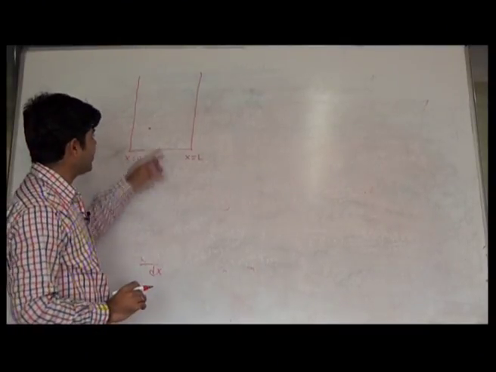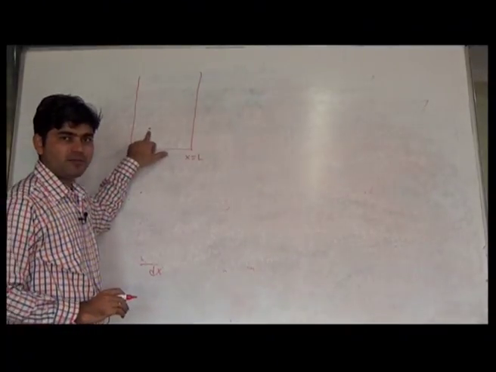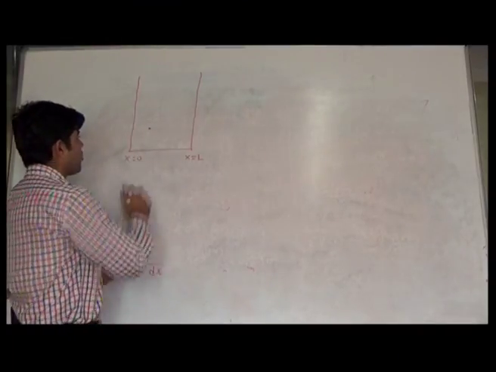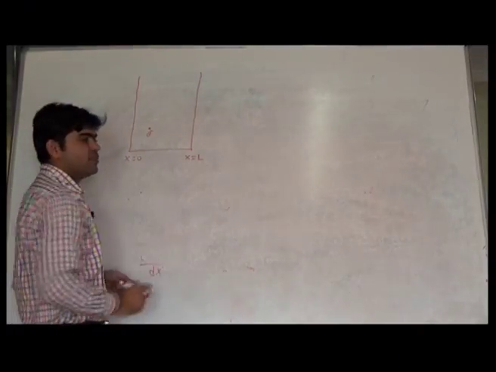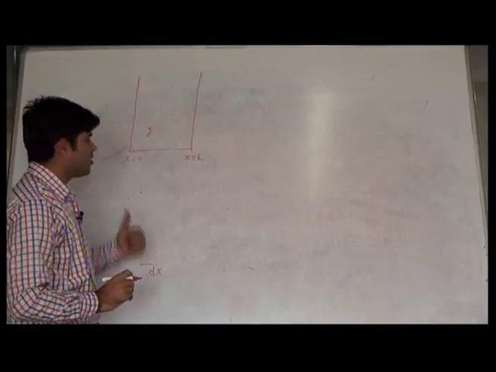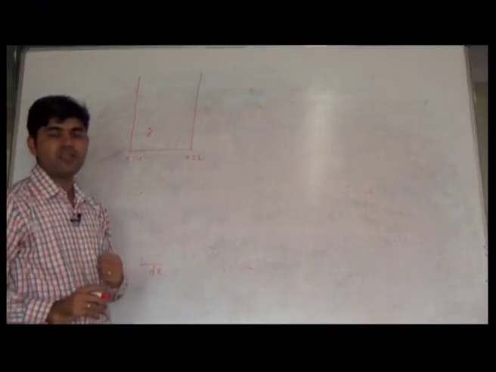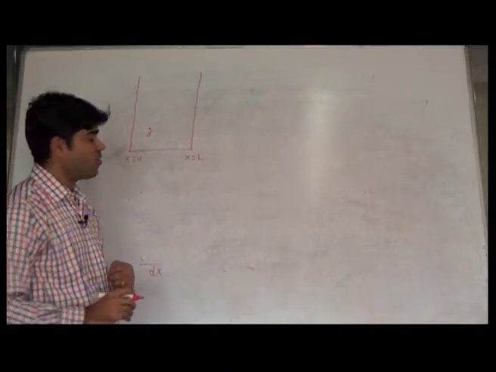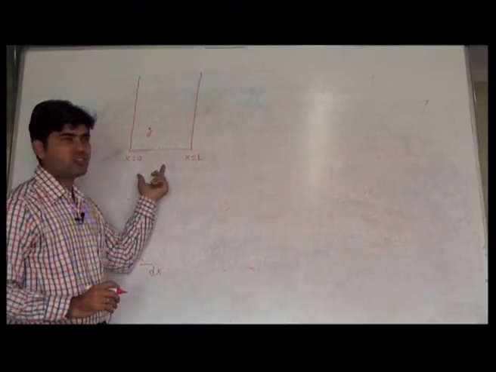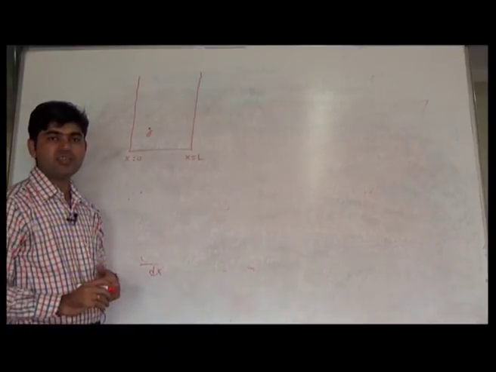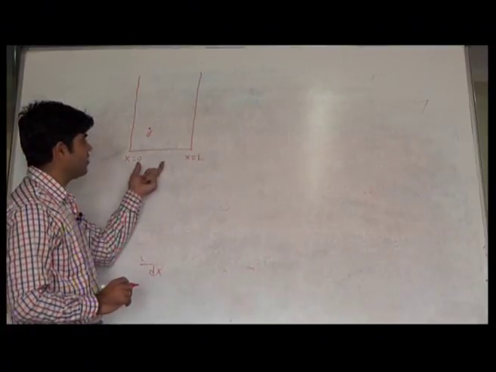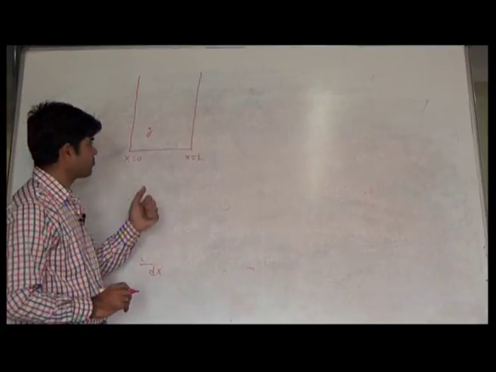So, the electron can be available inside the well. If this is the electron available inside the well, then from this nature of the diagram we can write three boundary conditions for the particle which is trapped inside the infinite height well.